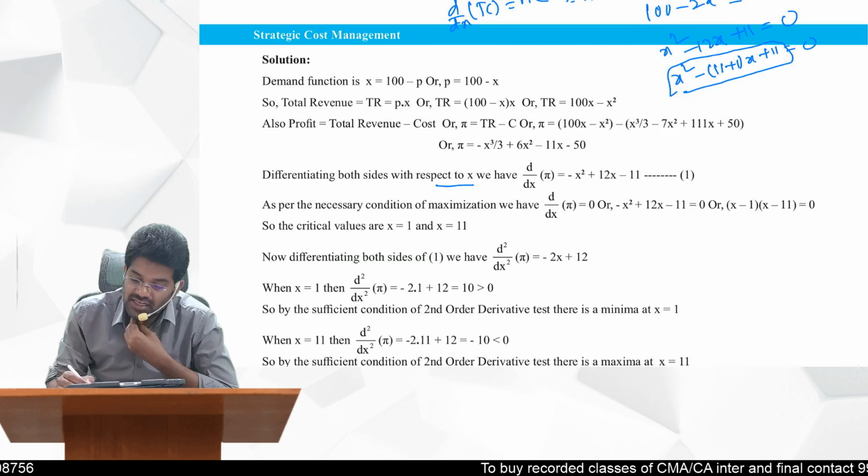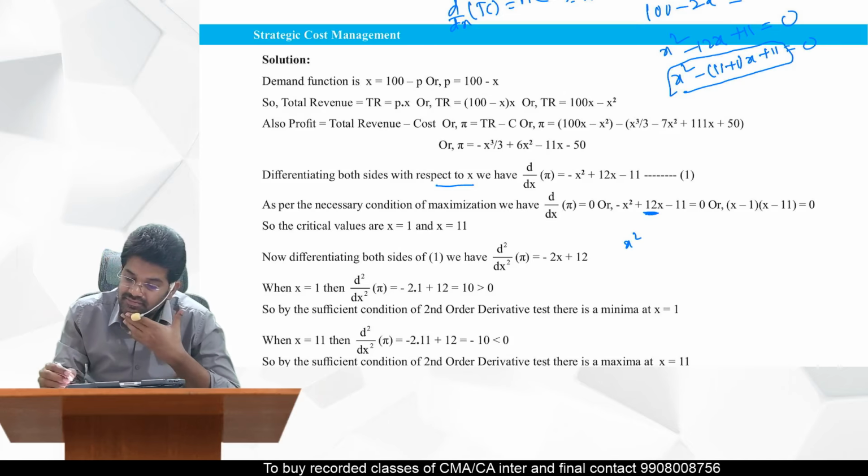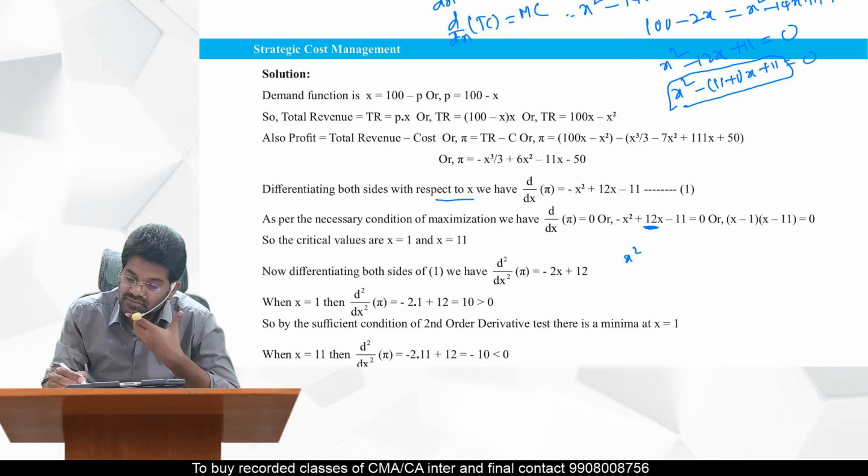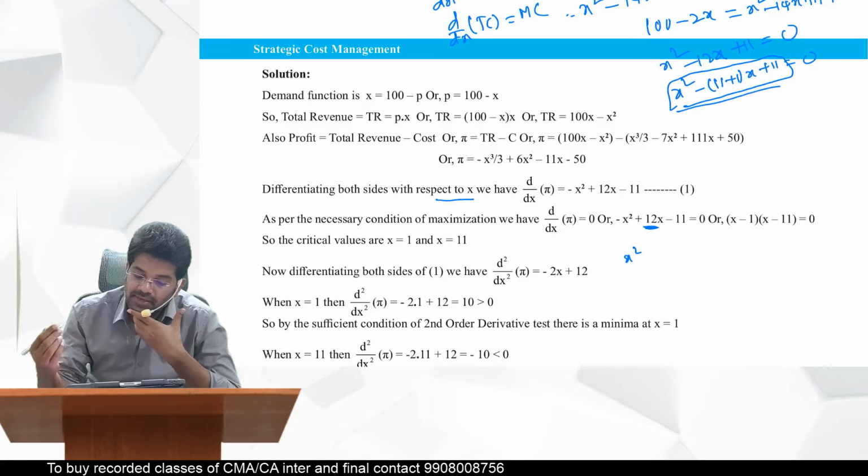So how you can write this is x square minus 12x plus 11 equal to 0, I wrote no here, yeah, same thing.